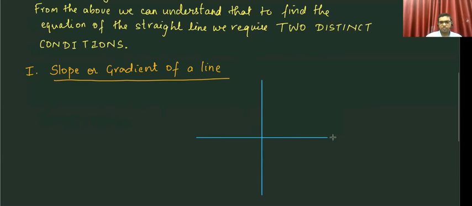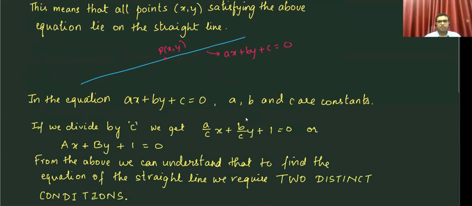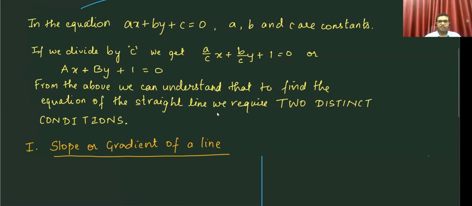Excuse me, sir, how will we define dependent and independent constants in general? Now you see, in the equation Ax plus By plus 1, the 1 is a known constant and these two are unknown constants. We cannot reduce it further. If we are able to reduce it further, then those will be the independent constants.